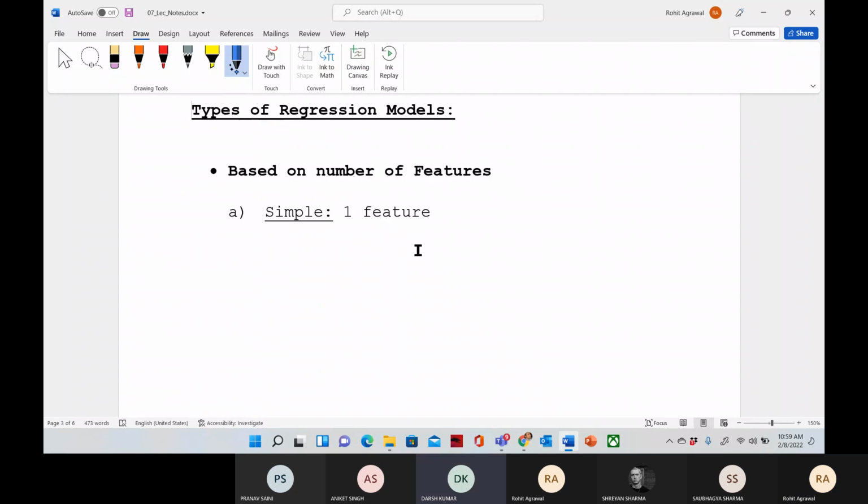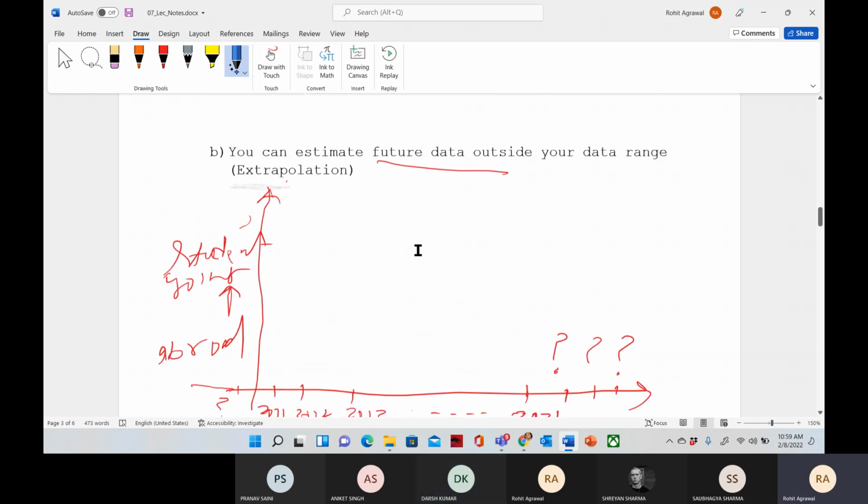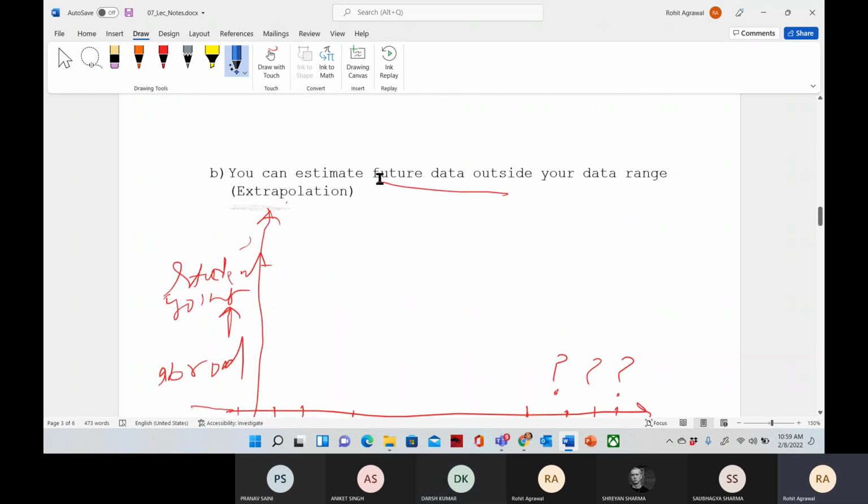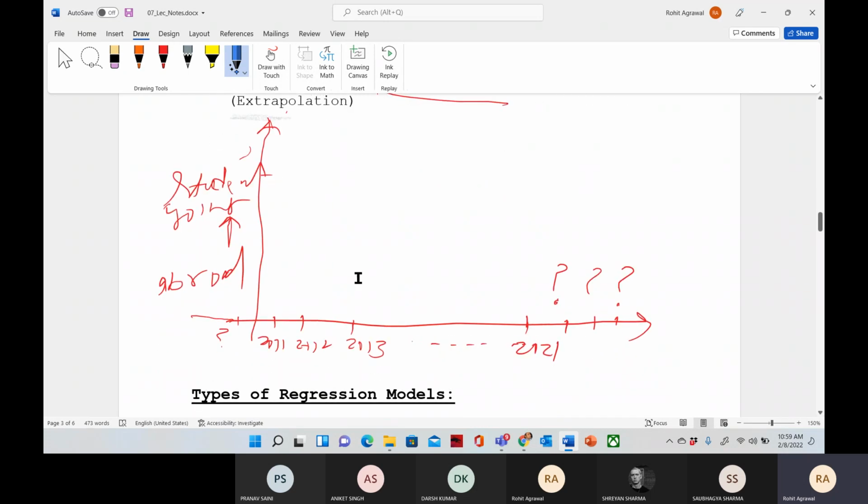Sir, can you explain the external interpolation one more time? Yeah. See, we are estimating future data outside the data range. Suppose we have this example, and in this example we have the number of students that are going abroad for their higher studies, and we have the data from 2011 to 2021.